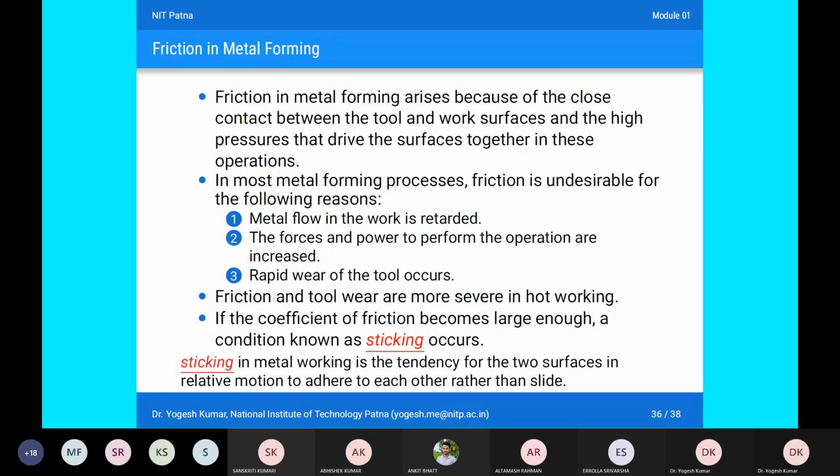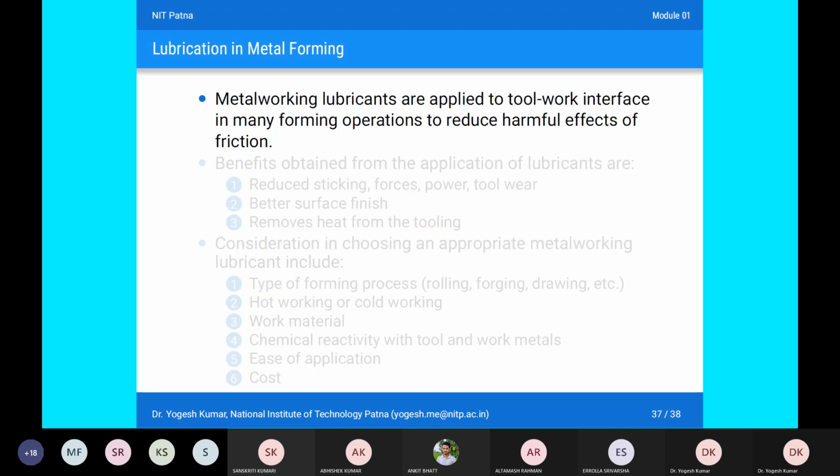That is why we can say friction is an undesirable thing in metal forming processes. And how to overcome this undesirable thing, the frictional force, in metal forming processes? We use a certain kind of lubrication.